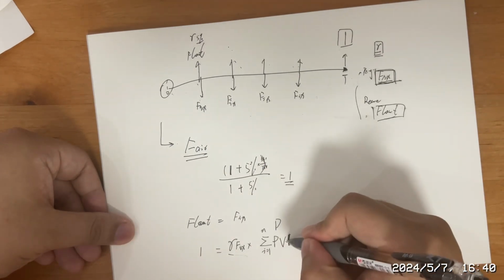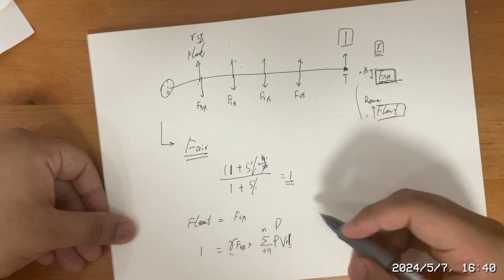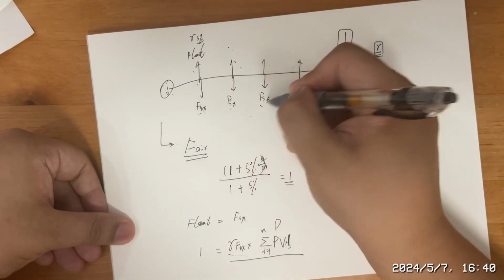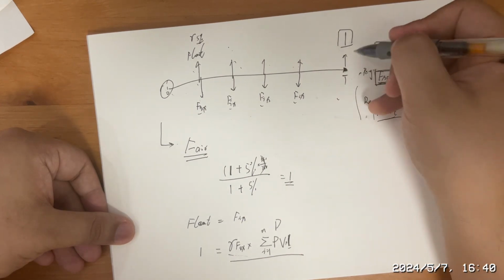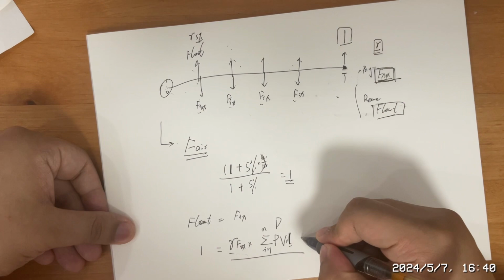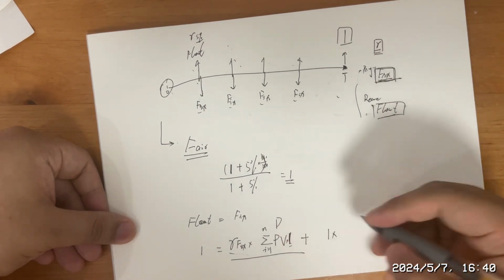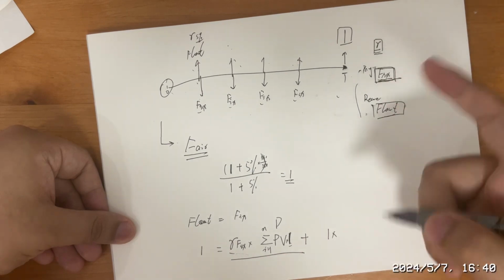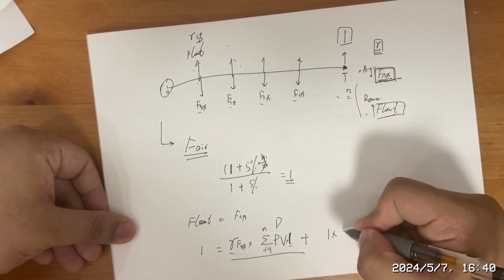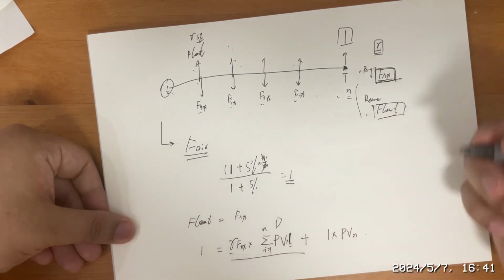You sum it up, but don't forget you still need the last principal payment, so you have to add 1. That 1 you discount back to now using the last period, n, so you use the present value factor or discount factor of n.